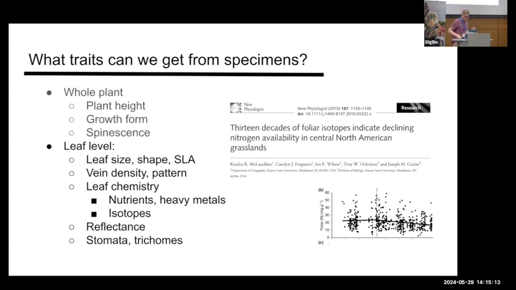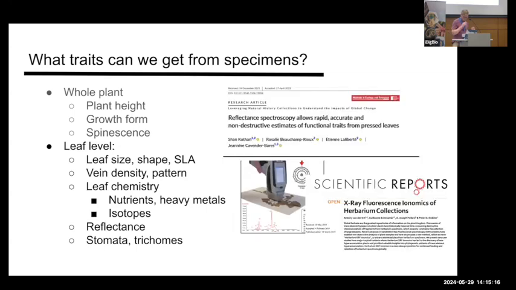Reflectance is another big one. There's been a lot of research coming out in the last couple of years looking at leaf spectral reflectance and how that correlates to other traits like SLA or leaf nitrogen, for instance, using these non-destructive methods of surveying many species in herbaria for various traits.